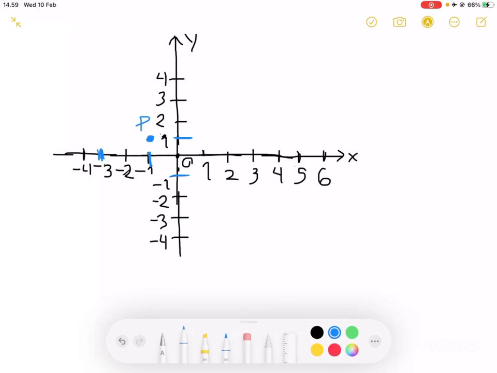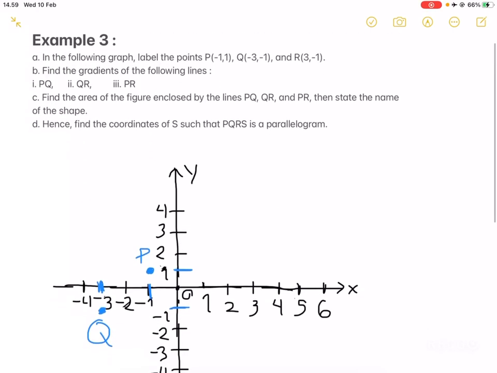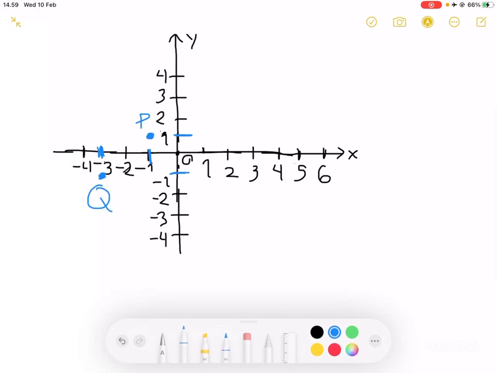So it's right here. So this is point Q. And then we have R at (3, -1). So 3 right here, -1 right there. So it's somewhere right here. And perhaps if you want to draw this on graph paper, it will be more accurate.